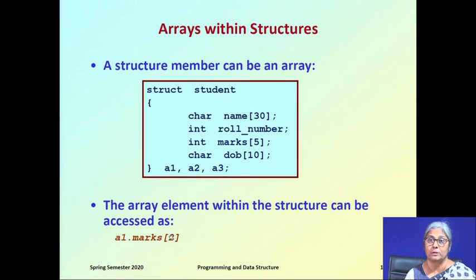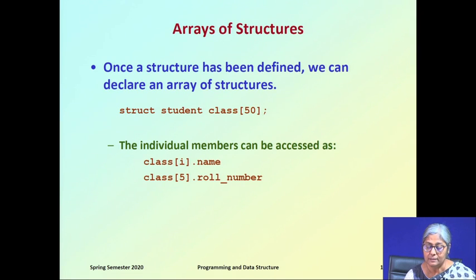But here it is different, because class[5] is the student type of structure and roll number is an integer member under class[5]. So, these two are different.